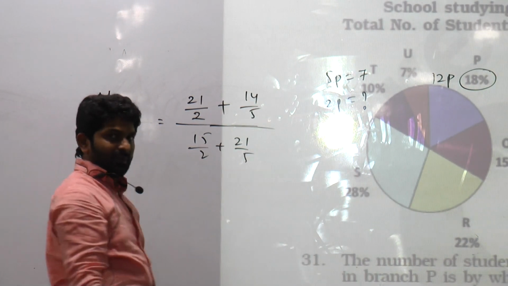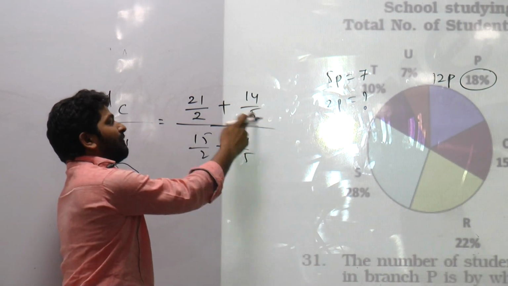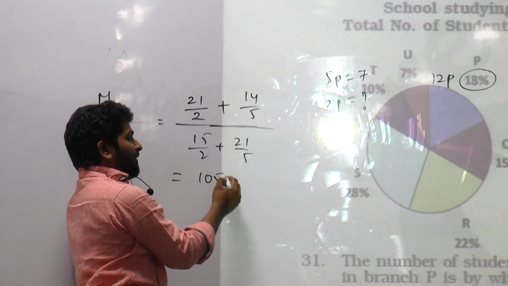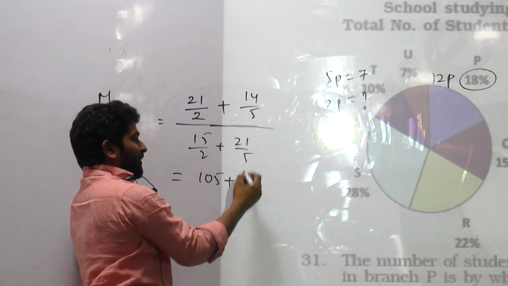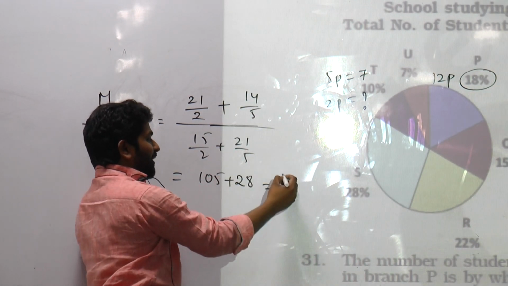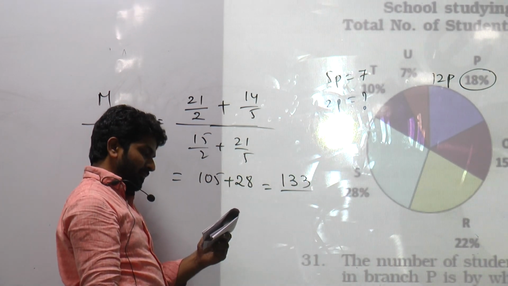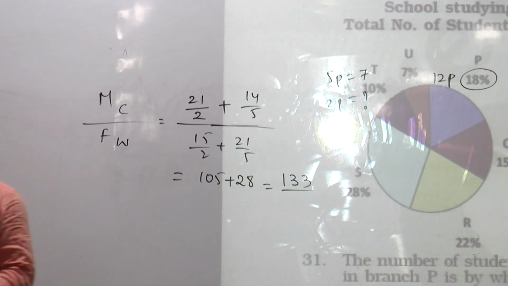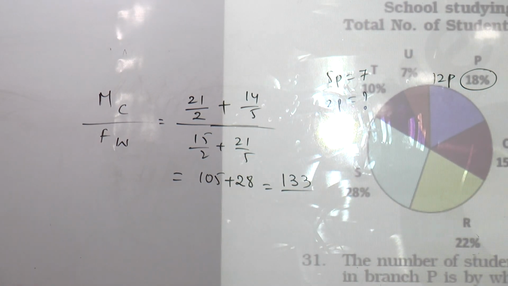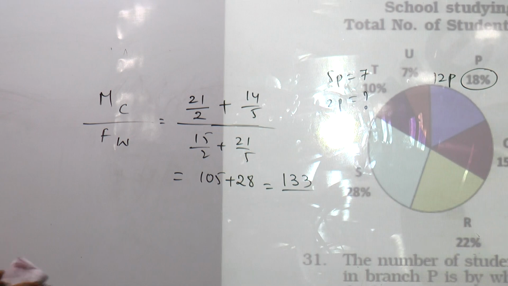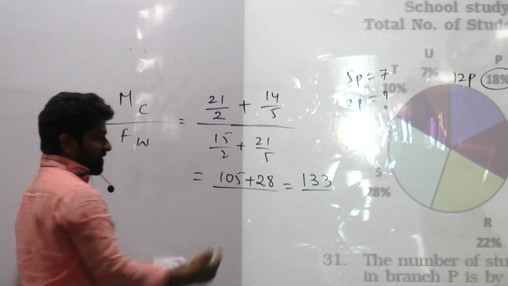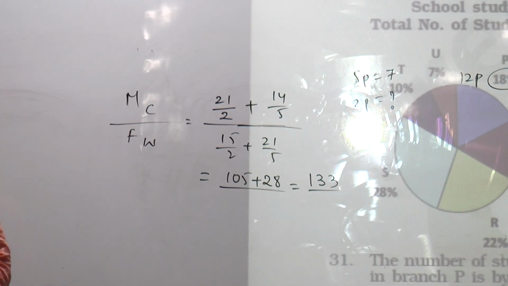Take 10 common, LCM. 21 fives are 105, 14 twos are 28. How much is our numerator? 133. Look at your options. How many are there? Only one. Enough. You also need to calculate the denominator, but that is not required because there is only one option which starts with 133.